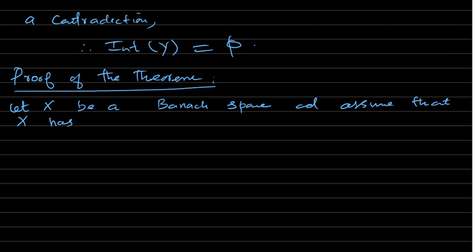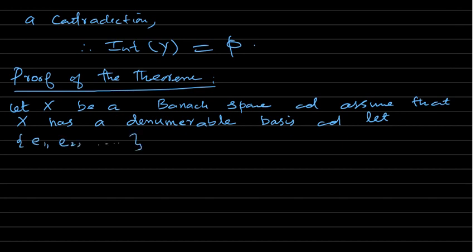Suppose we assume on the contrary that it has a denumerable basis, and let's assume that this is the basis e1, e2, and so on and so forth. It's a countably infinite set, B its basis.